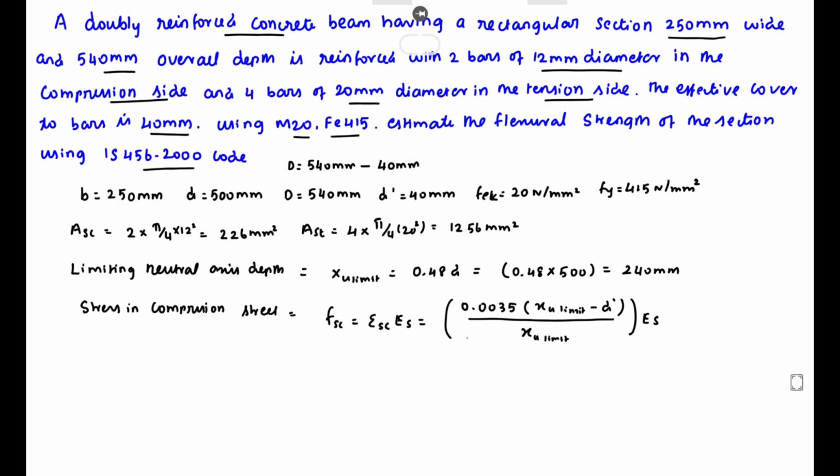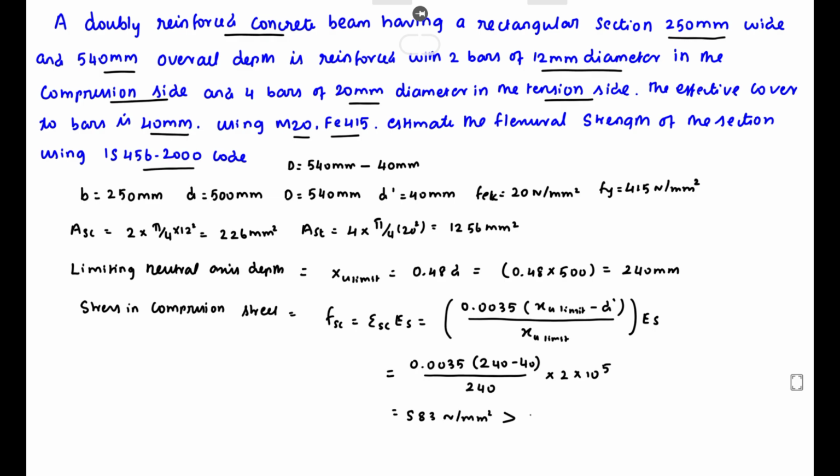Now we can substitute all the values: 0.0035 into 240 minus 40 divided by 240 into 2 into 10 power 5. Solving this, we get 583 Newton per mm square.